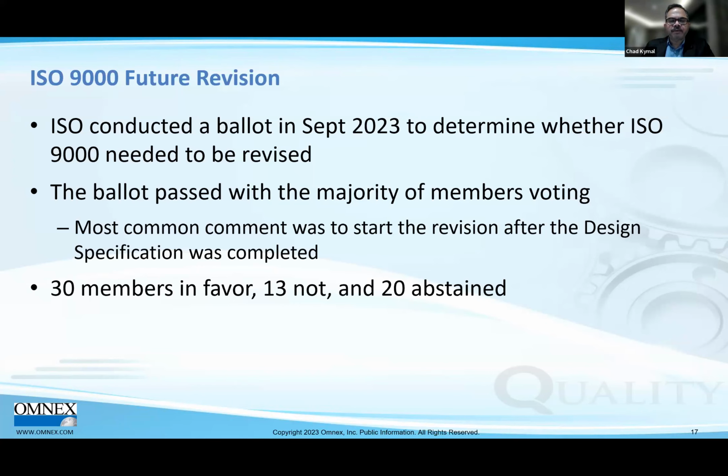And that's a very important document. And you can see here, 30 members were in favor, 13 were not, 20 abstained. Very crazy time in the industry in terms of trying to read the leaves of how different people are thinking about things. And let's go on.